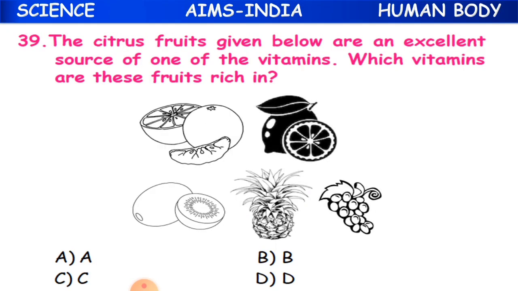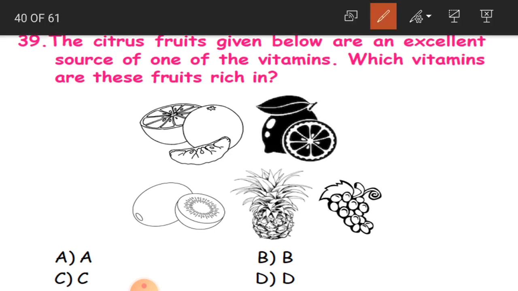Clear children? 39th question. The citrus fruits given below are an excellent source of one of the vitamins. Which vitamins are these fruits rich in? The citrus fruits are very rich in one of the vitamins, whether A, B, C or D. So here you can see all the citrus fruits, like oranges, lemon, pineapple, grape, and also pear.